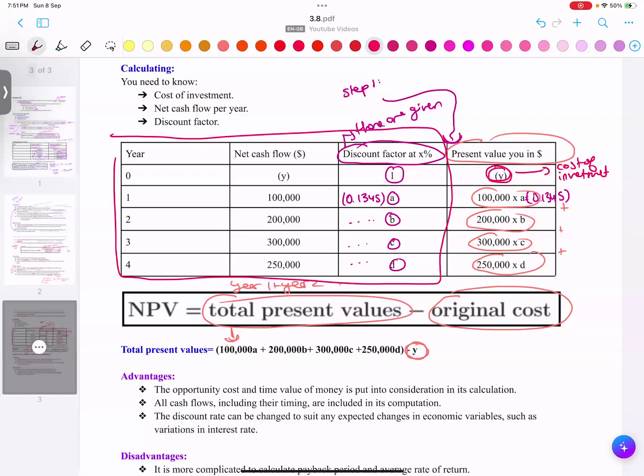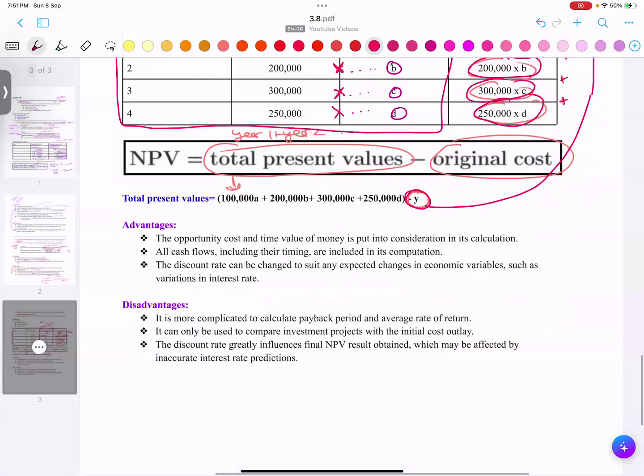Then for year 1, you multiply the net cash flow by the discount factor, and you get your present value per year. Then you add every present value: year 1 plus year 2 plus year 3 plus year 4. Then you subtract Y, the original cost of the investment, and this is how you get your NPV.